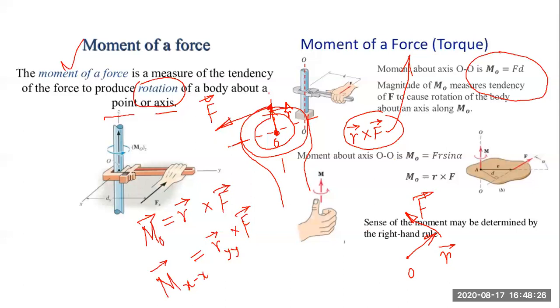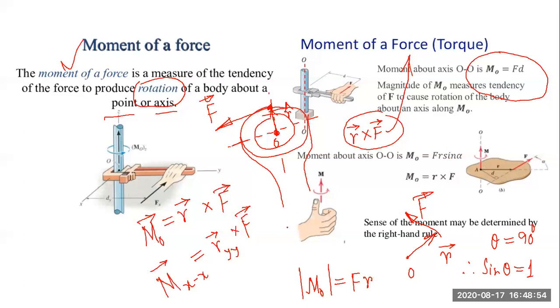So the value of sine theta is 1 because theta is 90 degrees here. So the amount of moment produced is F into D or R F sine theta. So that means here F into R only. This R we already know.